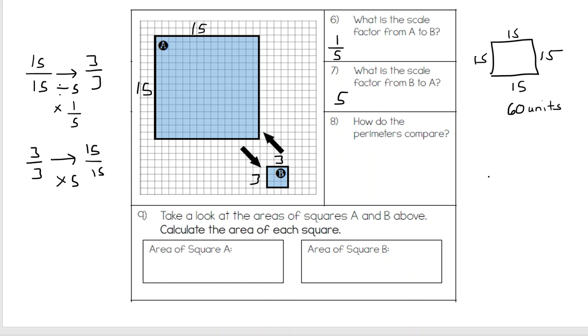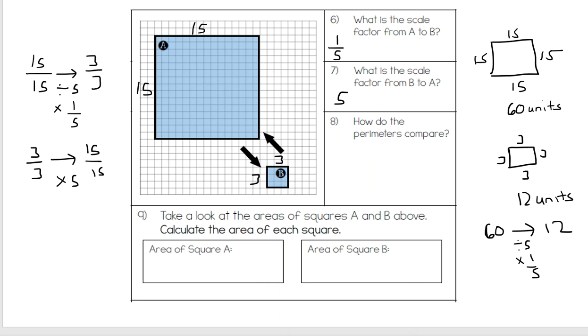And then for shape B, we have a smaller square here, 3 by 3 by 3 by 3, and the perimeter is 12 units. So when we're comparing the perimeters, to get from shape A's perimeter to shape B's perimeter, we had to divide by 5, which is the same thing as timesing by 1/5.